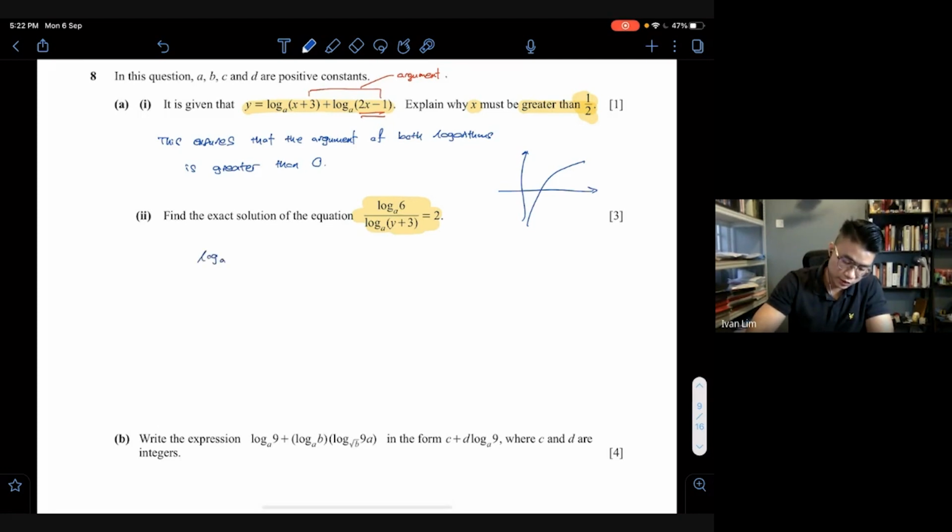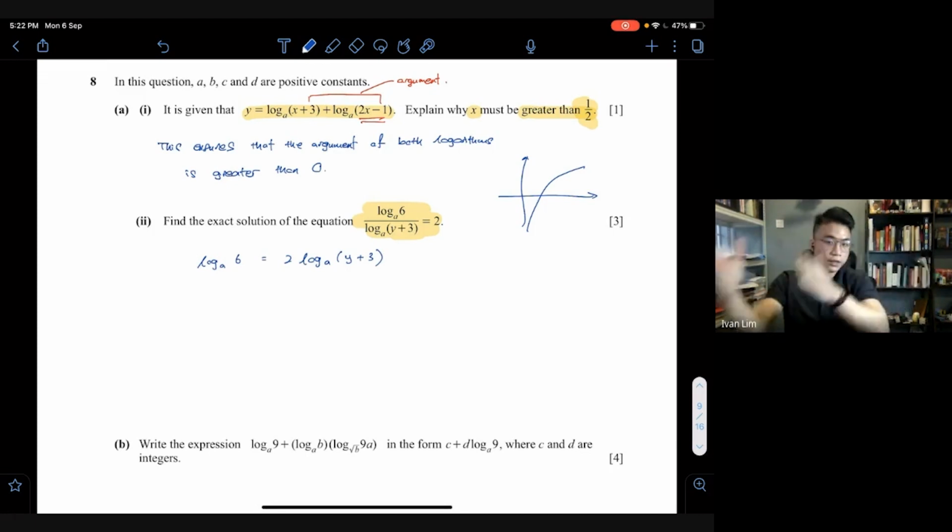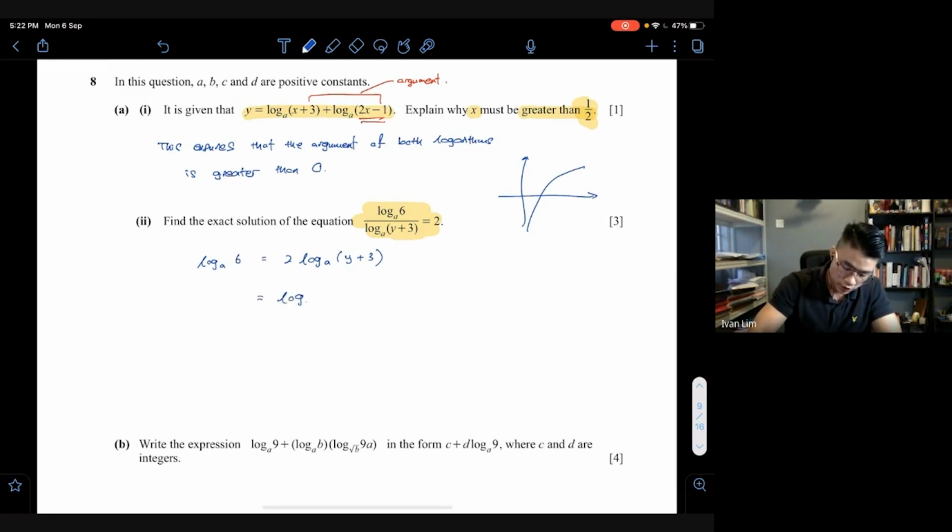Log A of 6, both also have the same base already, so it's easy for me to solve. So I multiply the whole equation by log A of y plus 3. Both sides have log A, so I can just compare the arguments. So here it will be log A of y plus 3, squared.